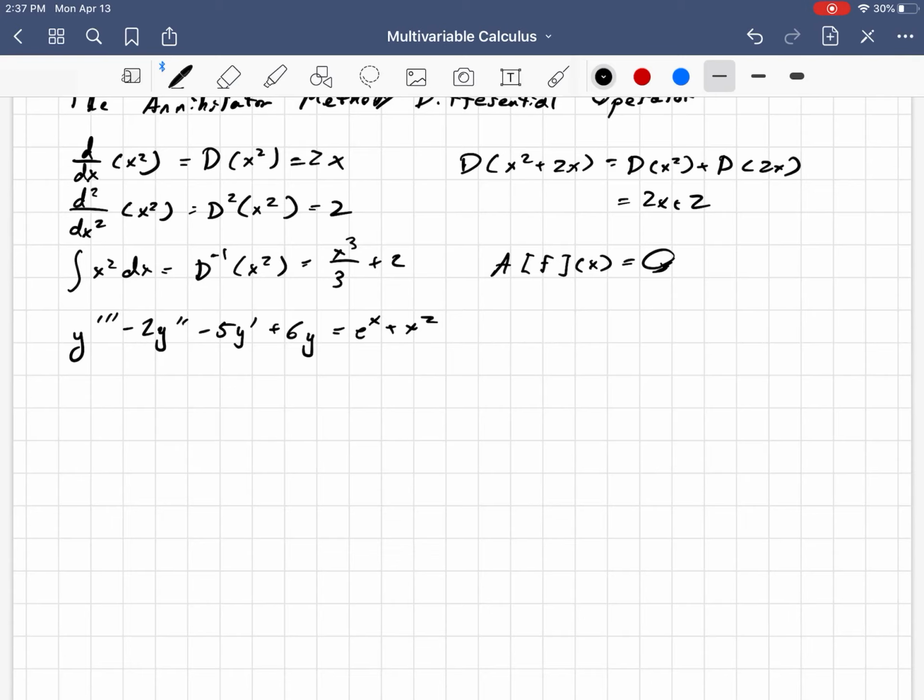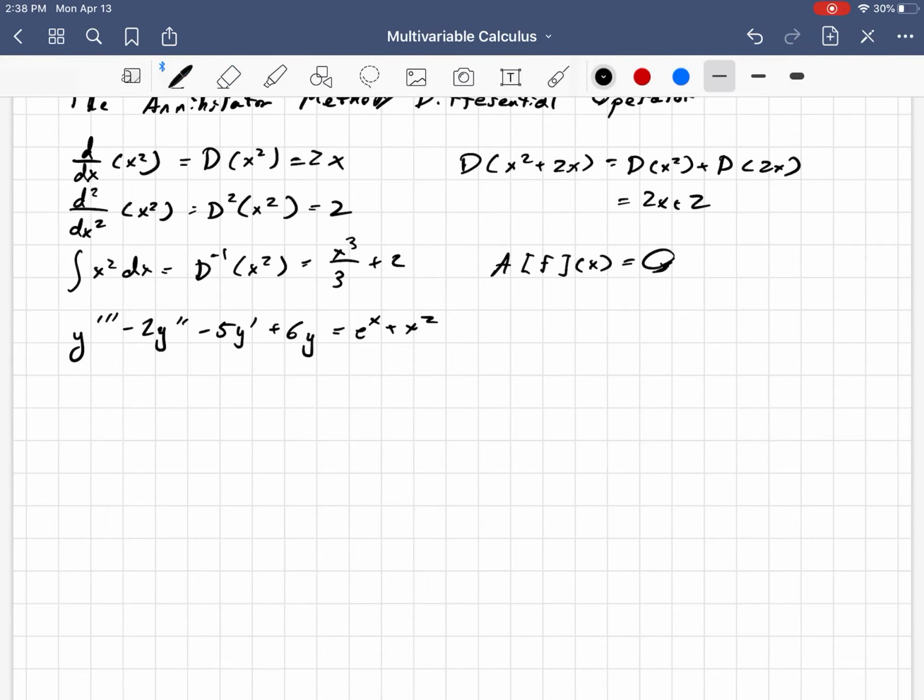By the way, something I think I forgot to mention in the undetermined coefficients video is that if we were doing this by undetermined coefficients instead, we could take the homogeneous solution, so set this left side equal to 0, and then find the particular solution for e to the x. In other words, set this left side equal to e to the x, and then take the particular solution for x squared. So set all this equal to x squared.